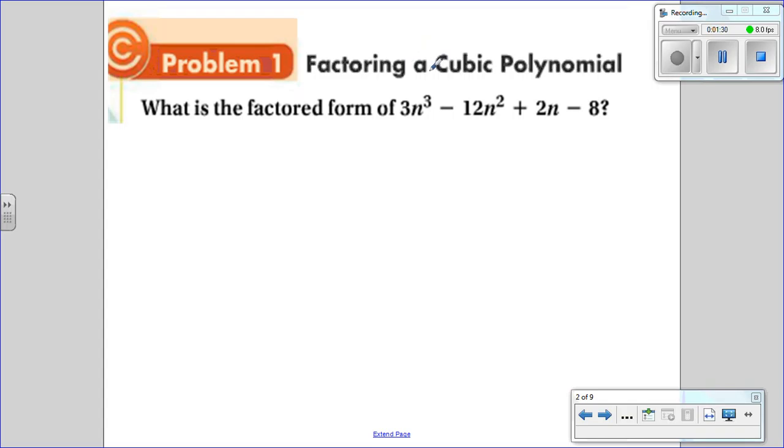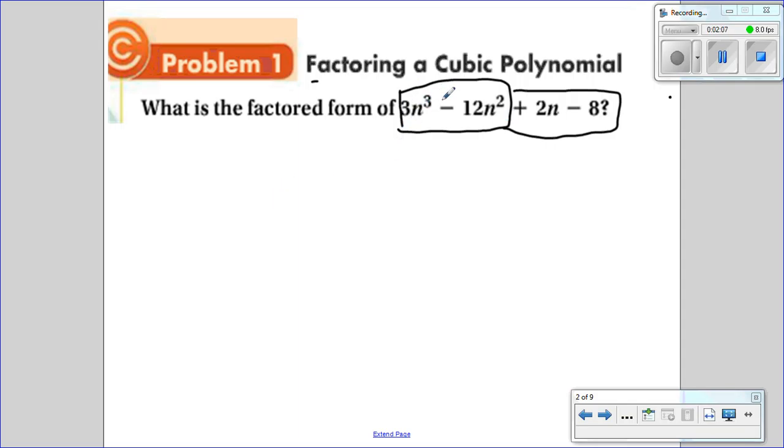So we're going to go straight to the way that we factored when it was in the form of ax squared plus bx plus c, and that was where we grouped them. We're going to group these, and we are going to find the GCF of each one.